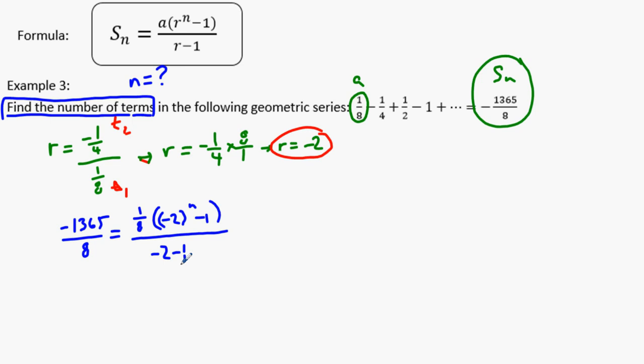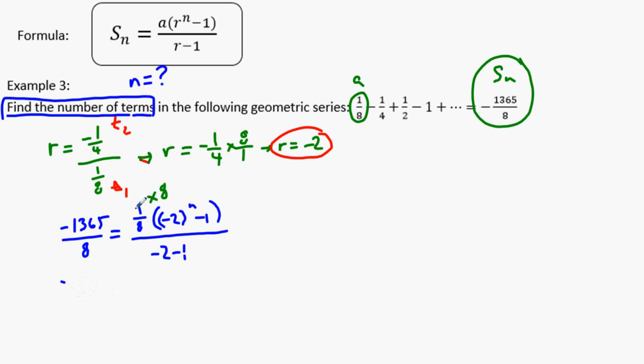All right, so I have negative 1365 all over 8 is equal to, not much I can do here, but what I'm actually going to do, whoops, let's go backwards a little bit, make things disappear. Okay, the first thing I'm going to do is get rid of this 1 over 8, so I'm going to multiply this whole side by 8.